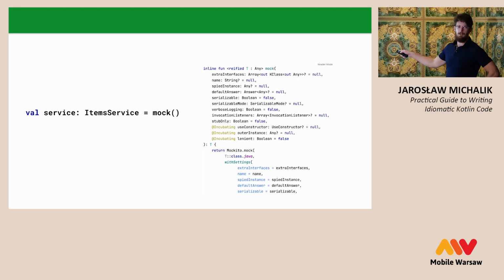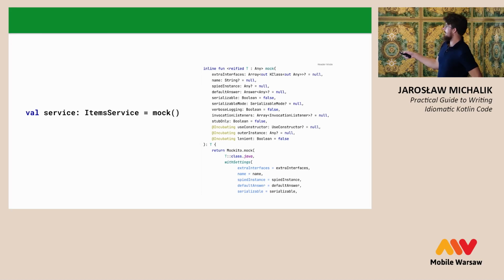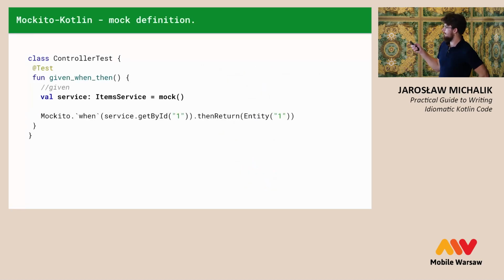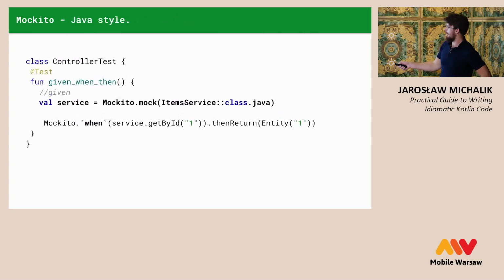But here we have a few interesting things. This is an inline function. We have reification with generic types. So Mockito Kotlin already knows that we want to mock ItemService or whatever because it took it from there, and we don't have to write ItemService class Java.